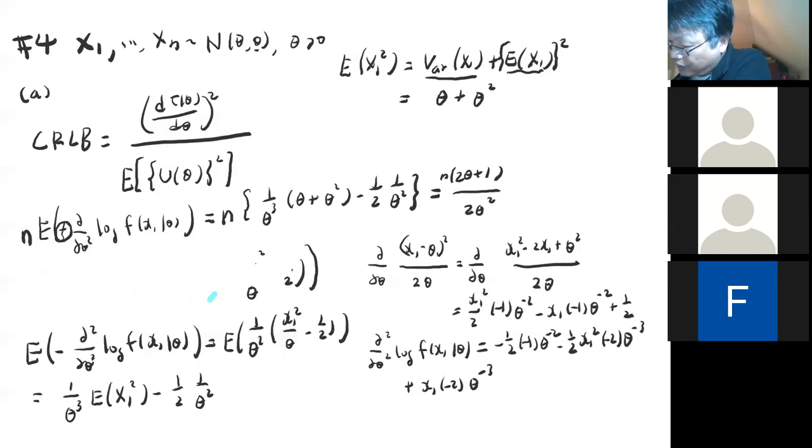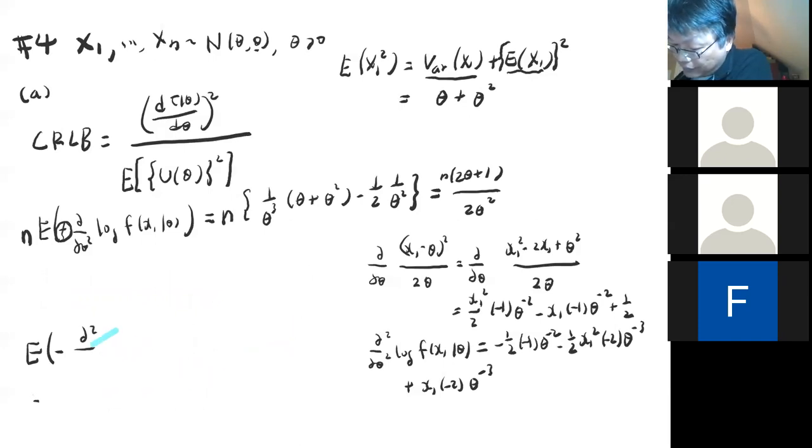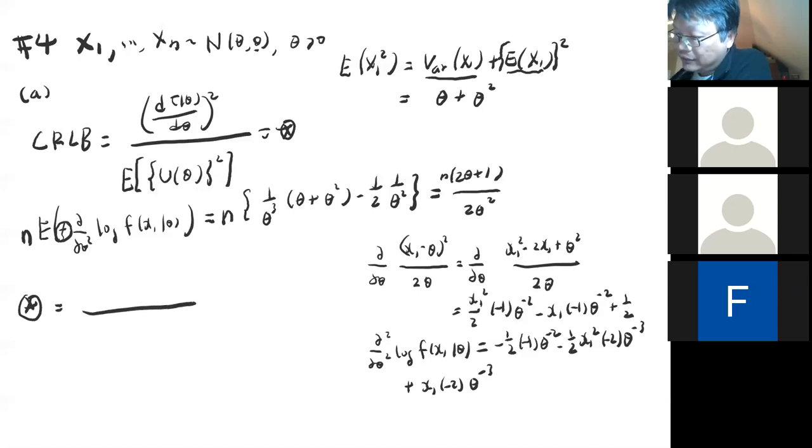So eventually the whole thing of the CRLB, maybe I can write it here directly. The numerator is the derivative of theta, which is 1 squared, nothing but 1.